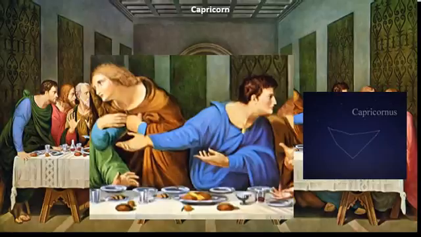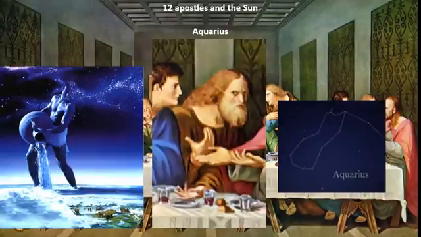Here we have Capricorn, all right, and we can kind of see how the figurative constellation is kind of built in there a little bit. Here we have Aquarius, the water bearer. If you look at his hands, it almost looks like he could be holding something, pouring it out.